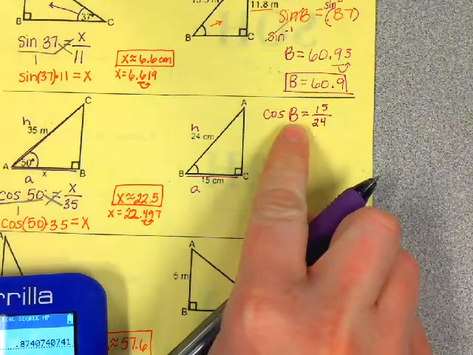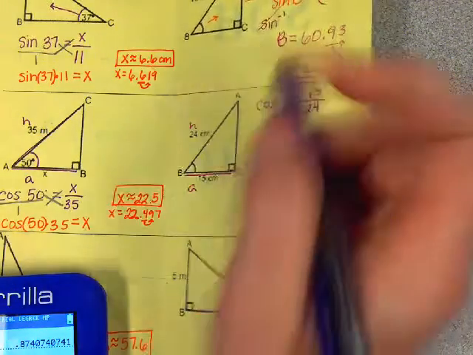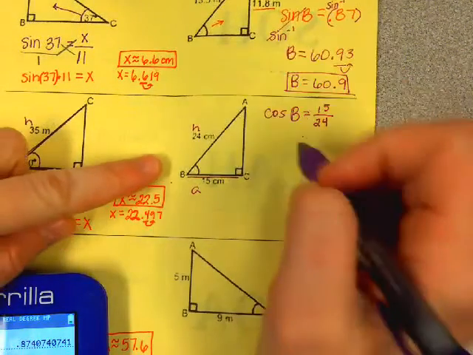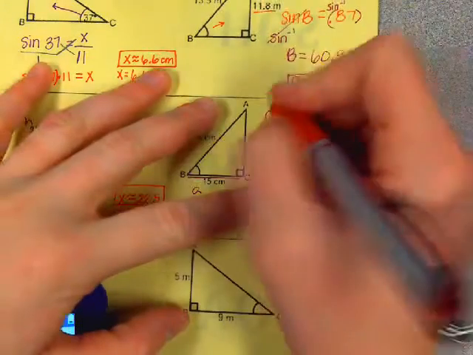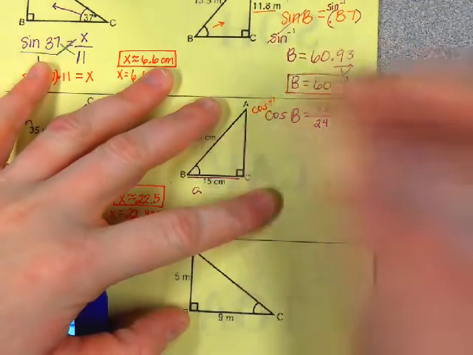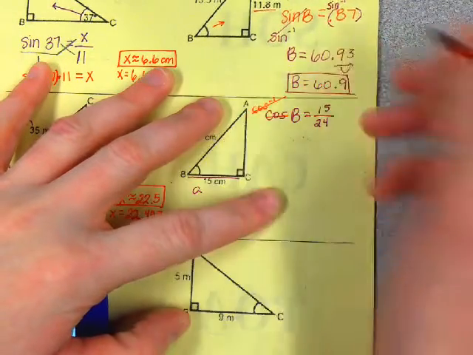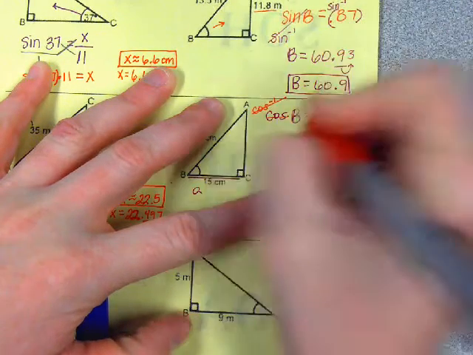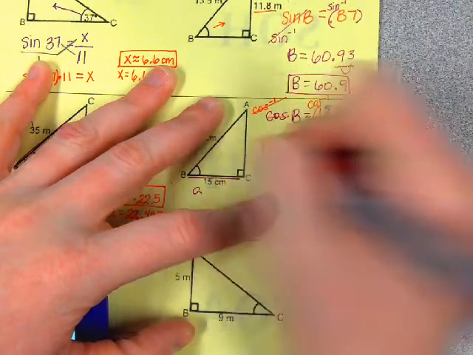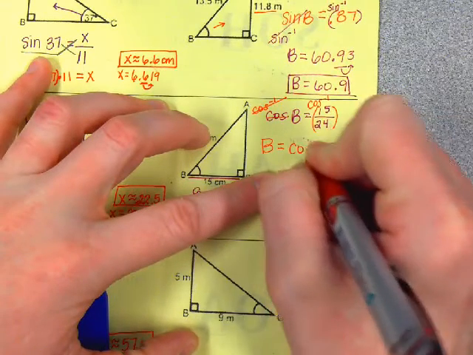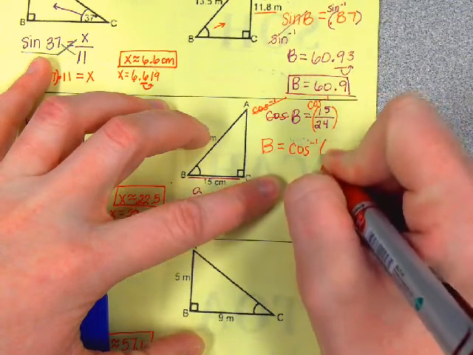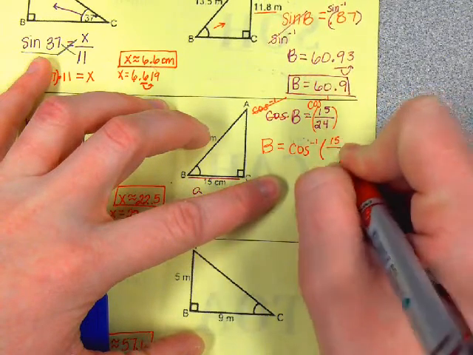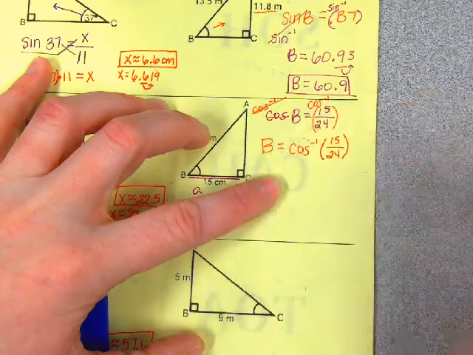Since it's cosine of an angle that we're looking for, you have to do the same thing as the sine inverse. We just need to do cosine inverse. So you're going to do cosine to the negative first, that and that cancel. So to find it, we're going to do B equals cosine to the negative first of 15 over 24.